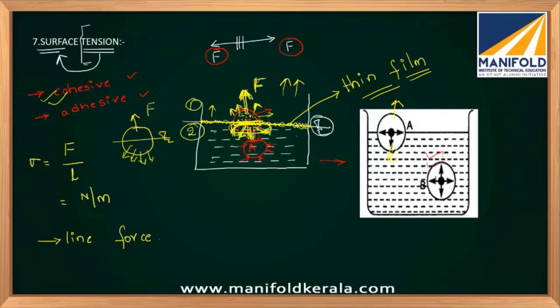There, due to cohesive forces, these molecules are pulled upward and homogeneous water molecules will be pulling downward, due to which two forces acting in the opposite direction create some tension at the surface. That phenomenon is called surface tension, and due to this tension force there will be formation of some film on the free surface.